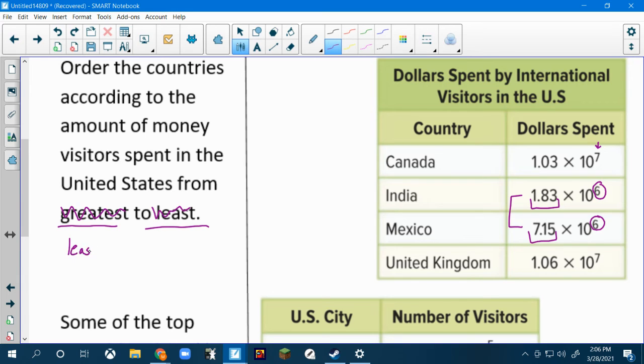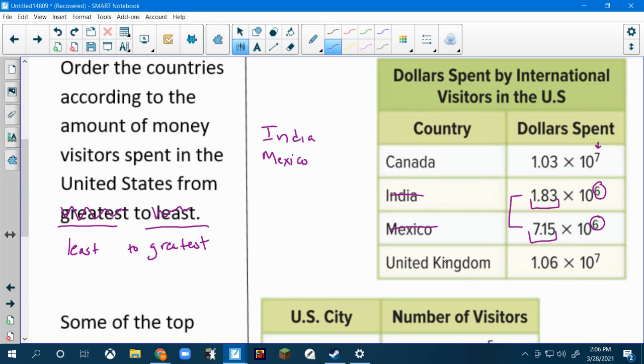Let's say least to greatest. Since they have the same exponent, the smaller number is 1.83. So I'm going to say India goes first. Then since Mexico was the next with the same exponent, I'm going to say Mexico.